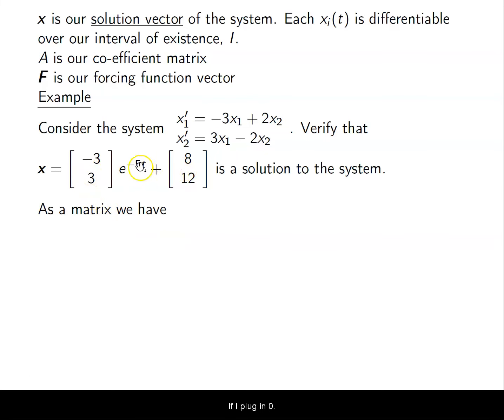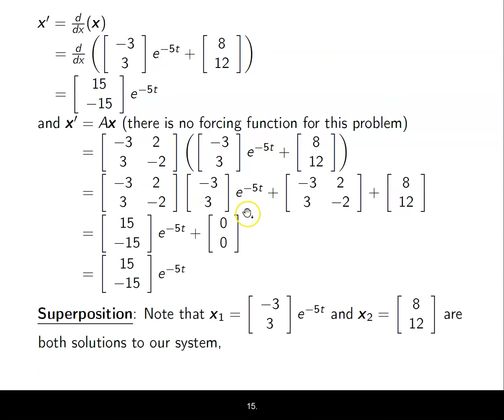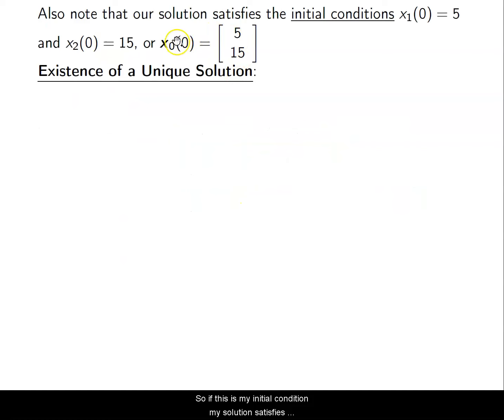If I plug in 0, I get -3 plus 8, which is 5, right? And 3 plus 12 will give me 15. So if I plug in 0 here, I will get 5 and 15. So if this is my initial condition, my solution satisfies that.